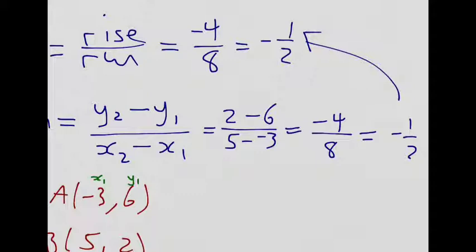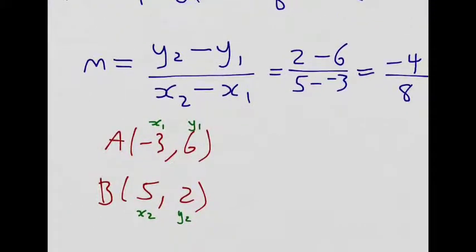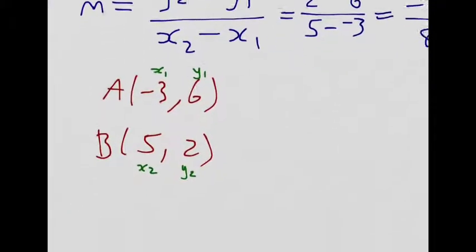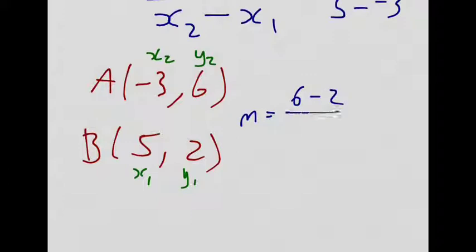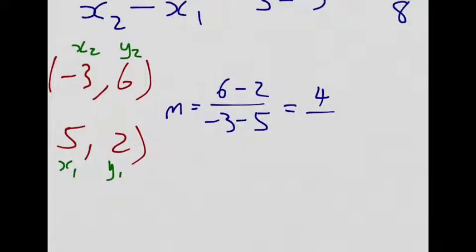Now to prove to you it doesn't matter which one you call x1, y1, and x2, y2, I'll change these around. So now I'll make this one x2, y2, and the other x1, y1. And just really quickly, m equals y2 minus y1, so 6 minus 2, over x2 minus x1, negative 3 minus 5. 6 minus 2 is 4. Negative 3 minus 5 is negative 8.